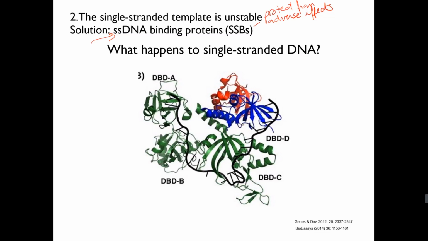And what I've shown in this slide is the eukaryotic SSB, which is called RPA.